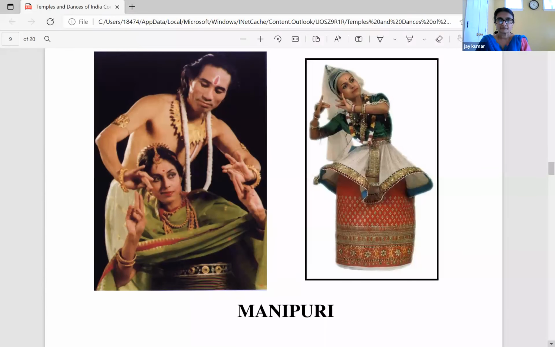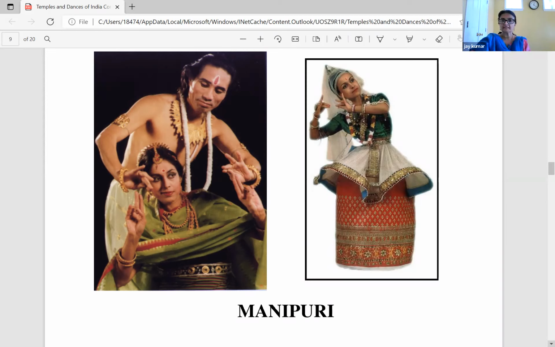So like I mentioned, there is a clear divide between the north and the south. These 3 are the North Indian dances. This is called Manipuri. This state is from the foothills of the Himalayas. The name of the state is Manipur and the dance is called Manipuri. They are very passionate about deer dancing. That is why you see that.